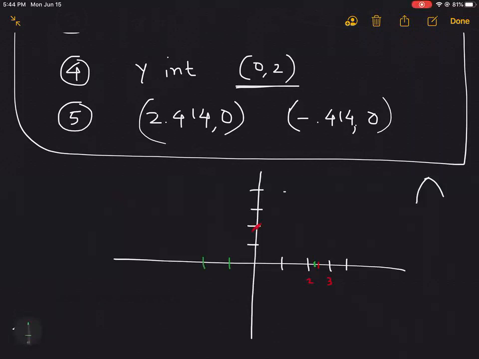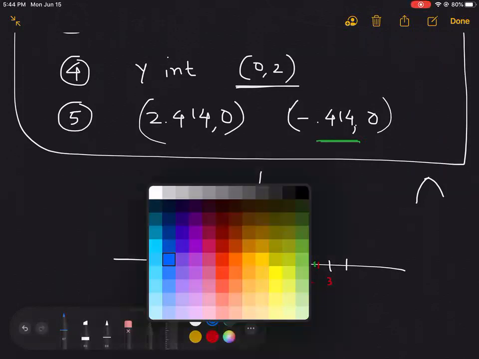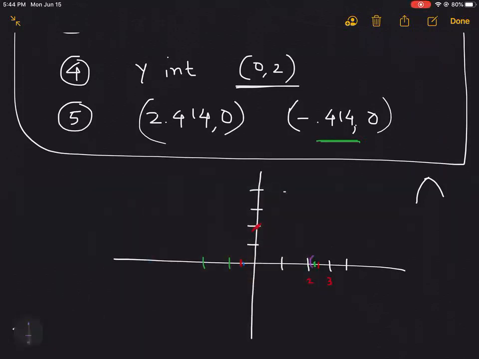We know the other intercept is at negative 0.414, which is slightly less than half, so it should be somewhere here. Okay, so we know the graph will actually go through these points, this green one here, this blue one here, and this red one here.